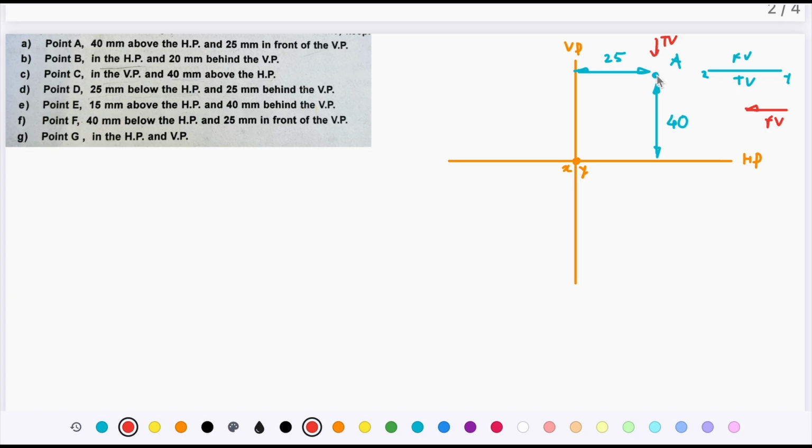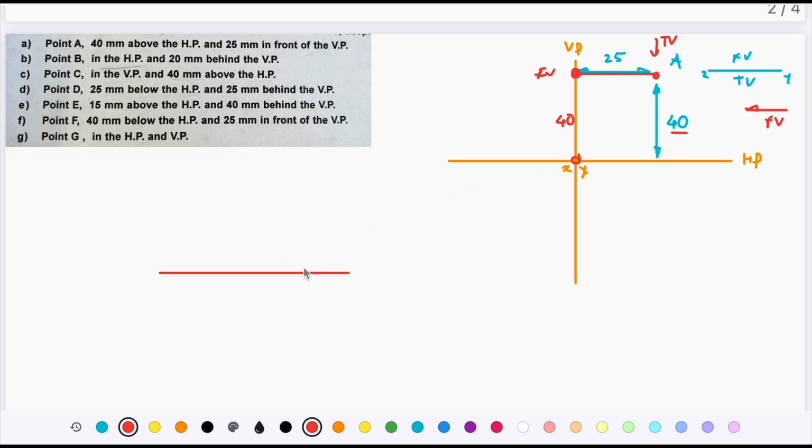So when you draw it, it is going to be projected on this vertical plane. The point is 40 mm above HP, so this front view appearing on this vertical plane will be at a distance of 40 mm above XY line.